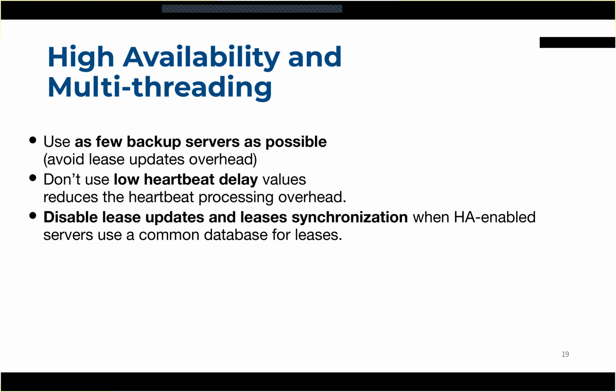Okay, so another recommendation is that in HA, you have a pair of servers. You have primary and secondary. It's also possible to configure a number of backup servers. Zero is the typical value, but some people prefer to configure additional backup servers.